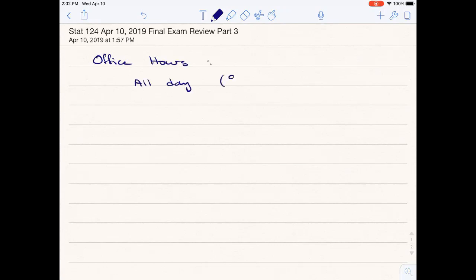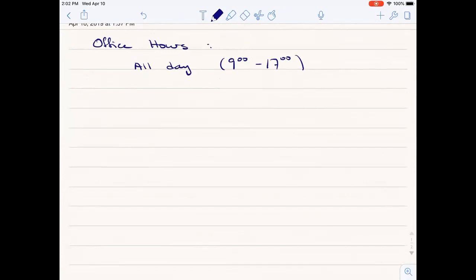All day, which I would say is just kind of 9 to 5-ish. Usually I'm here outside of that window as well, but kind of guaranteed 9 to 5 attendance is Thursday, Friday, and Saturday.